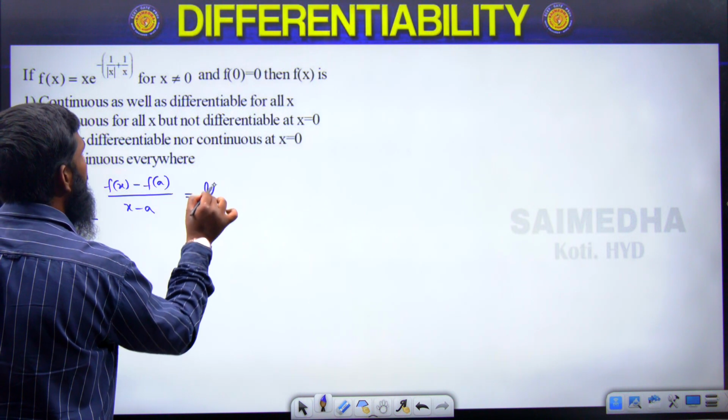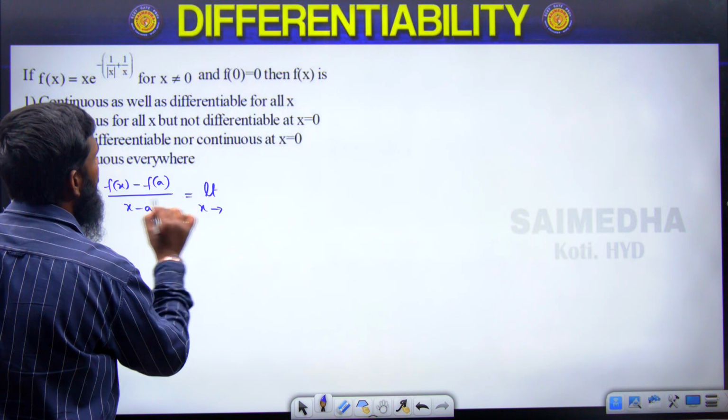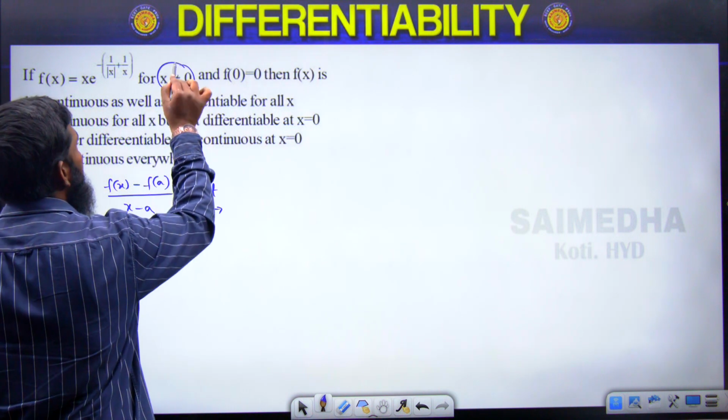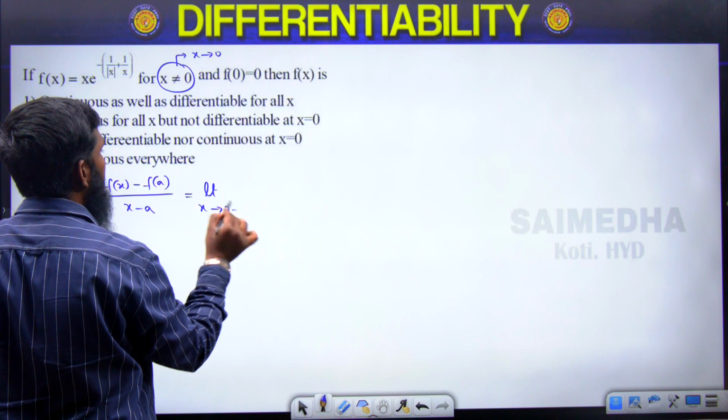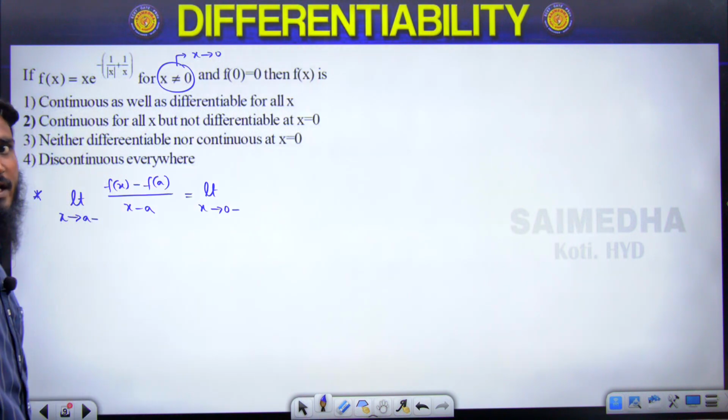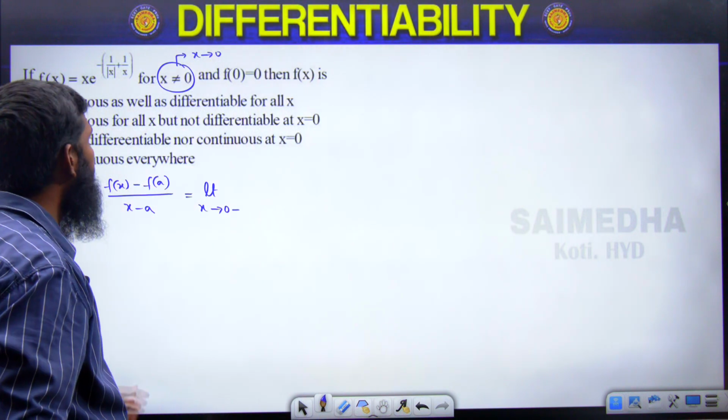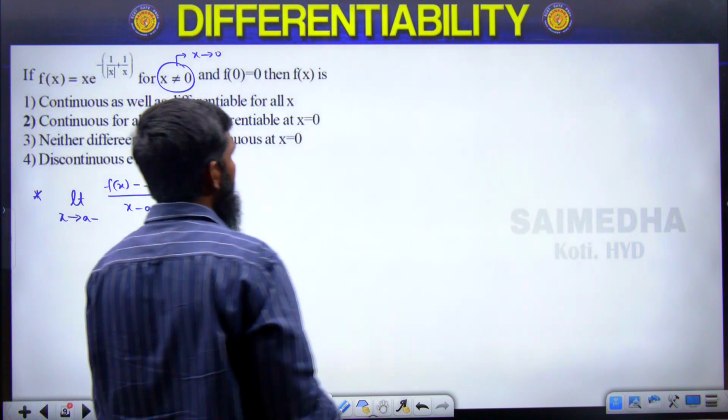It is equal to the limit as x tends to a minus, where x tends to 0 is given. So x tends to 0 minus. Now for 0 minus, listen carefully, what do we have to do?